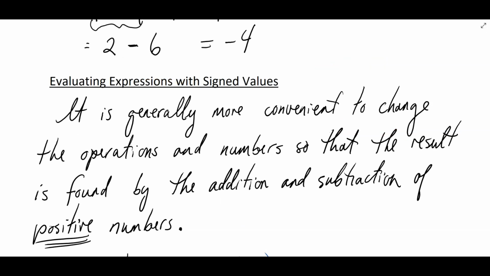Okay, so evaluating expressions with signed values, as I showed in one of the examples above, it is generally more convenient to change the operations and the numbers so that the result is found by addition and subtraction of positive numbers. That's the key there, okay? So this is if you find it helpful. You don't have to do this.